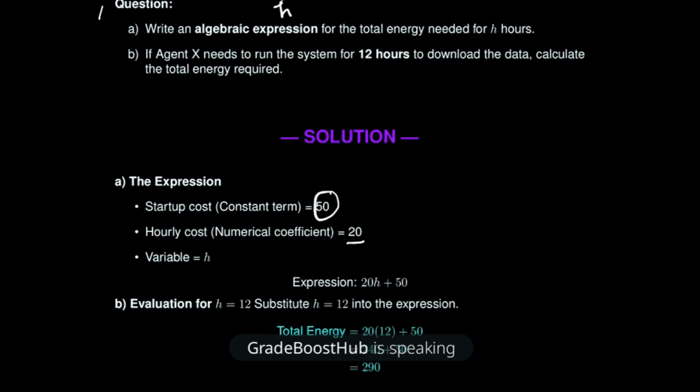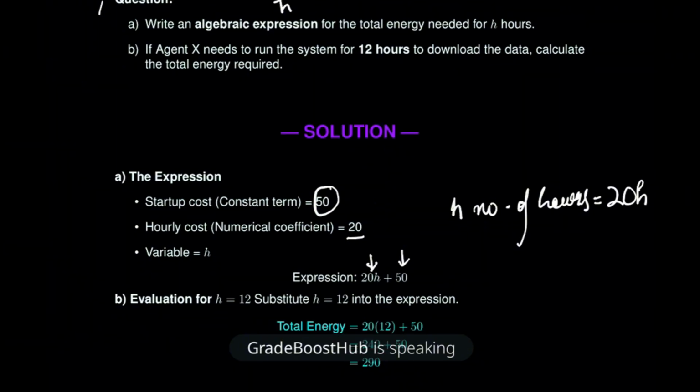So if we run it for H number of hours, it will be equal to 20h, and the total cost will be the 20h, that is the hourly cost, plus the constant, that is the startup cost. So here we form an algebraic expression.